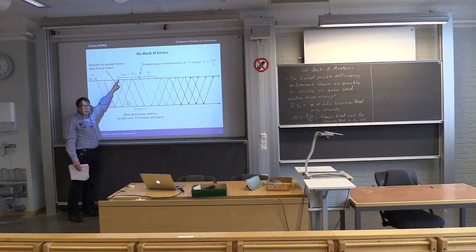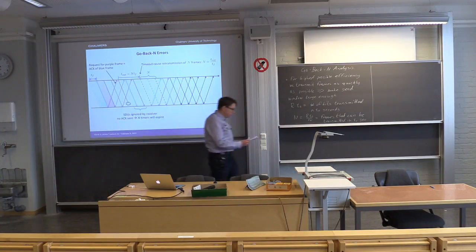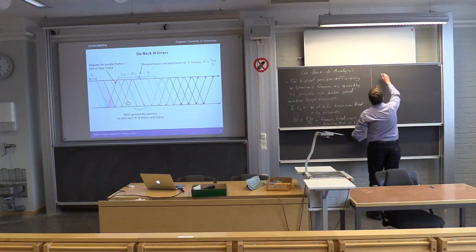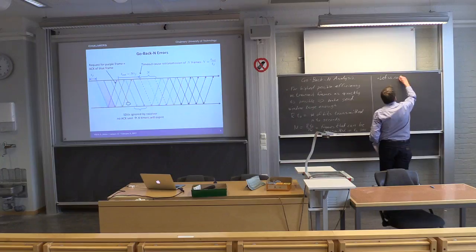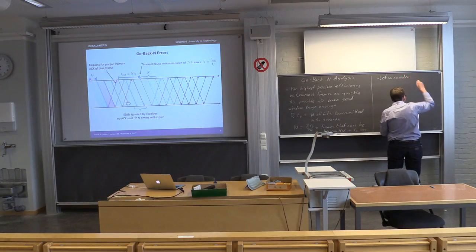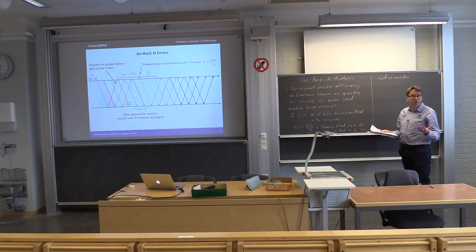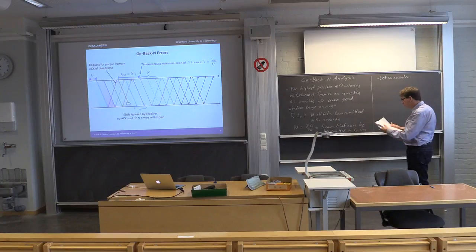And that would tell us something about the frame rate, and therefore the effective rate, and also the efficiency. So we consider the delivery of the first frame, or we can think of it as a frame where a bunch of frames before it were successfully delivered.